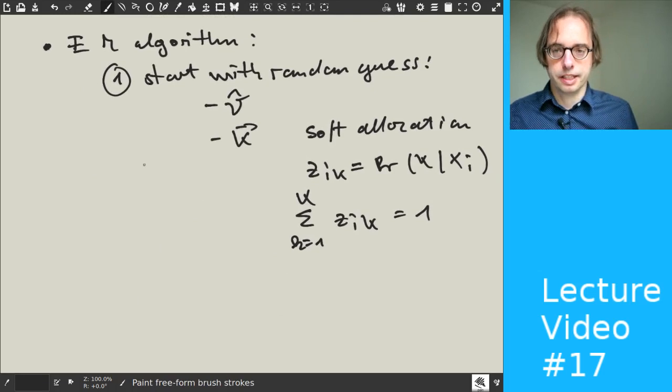So the EM algorithm works as follows. We start with a random guess, then we predict.